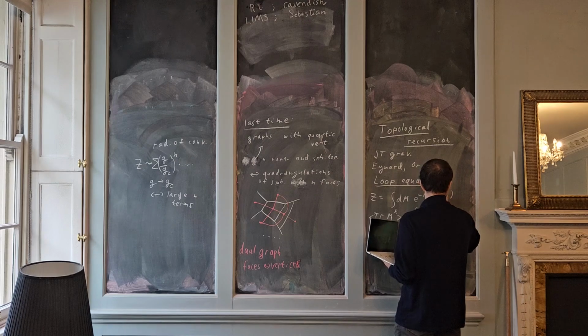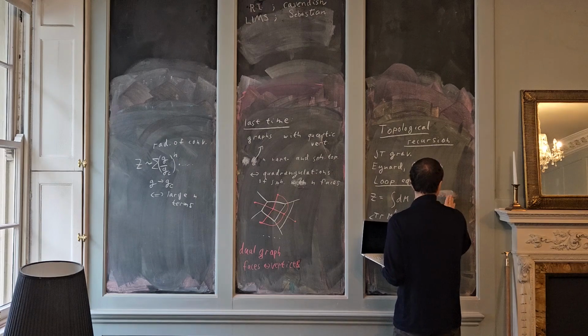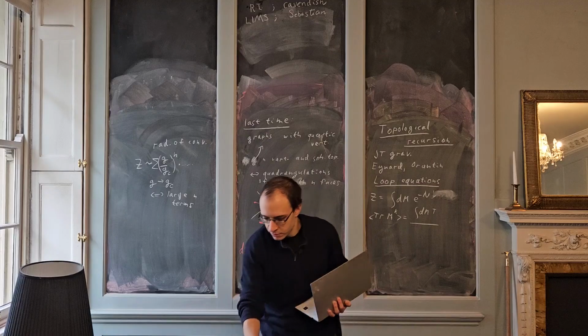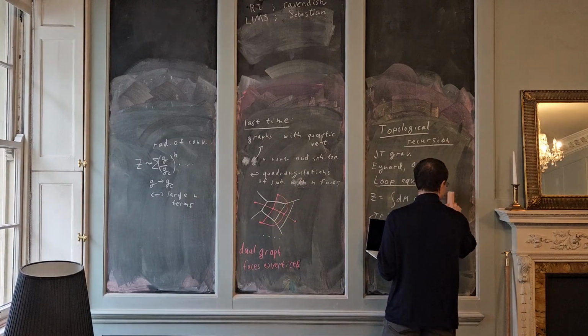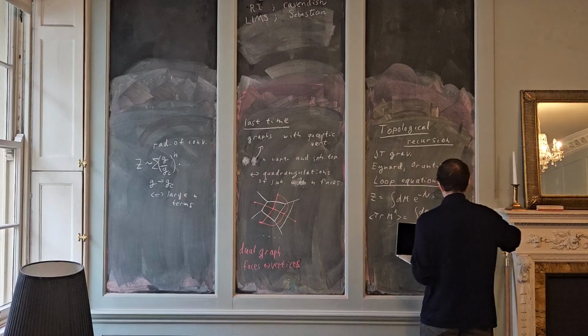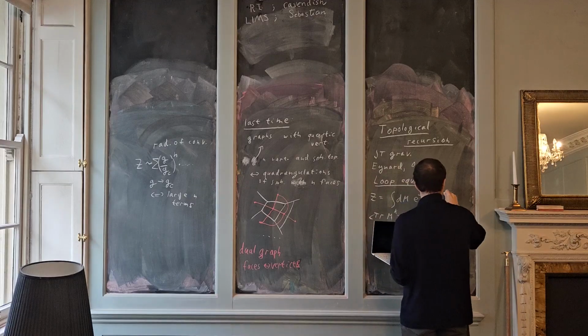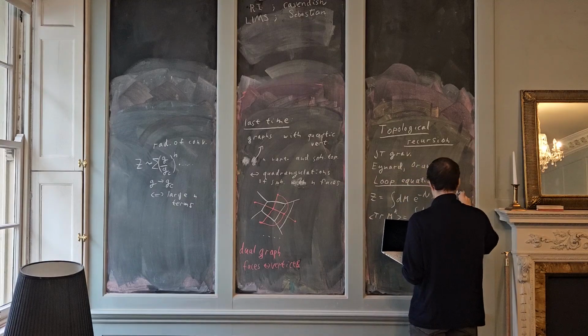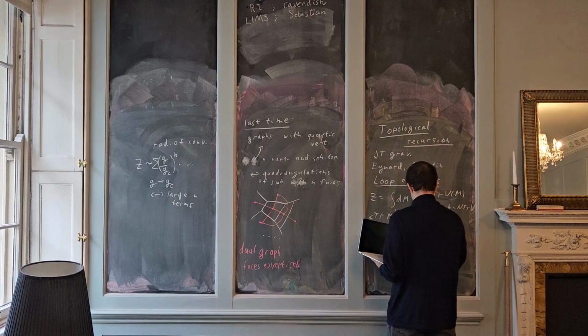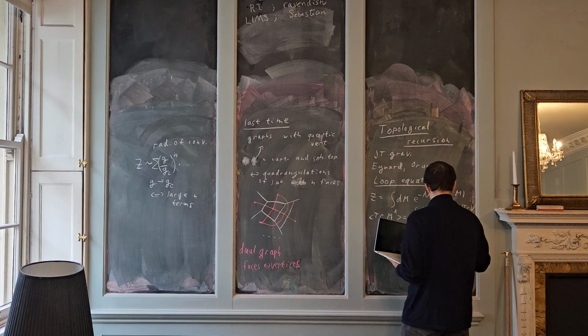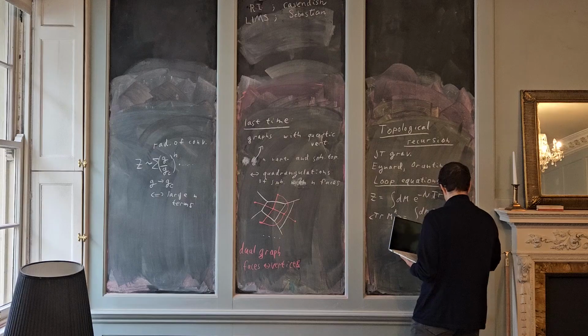Here it is better to say trace V of m, trace m to the k, e to the minus n trace V, normalized by the same integral without the insertion.